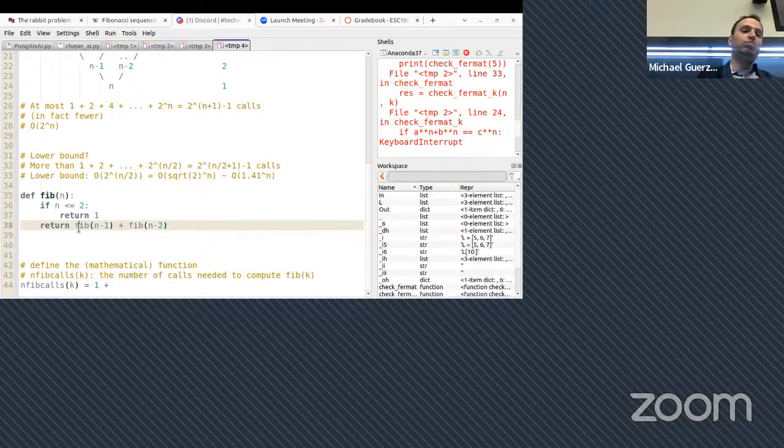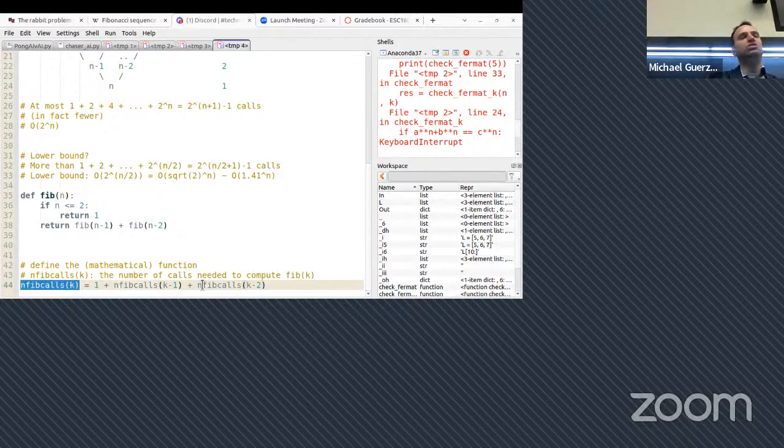So how many calls to compute fib of k minus 1? Well, n fib calls of k minus 1, just by definition. This function tells me how many calls it takes to compute fib of k minus 1, so I just plug in k minus 1. And then I also need this. So just mathematically, the number of calls needed to compute fib of k is this much.